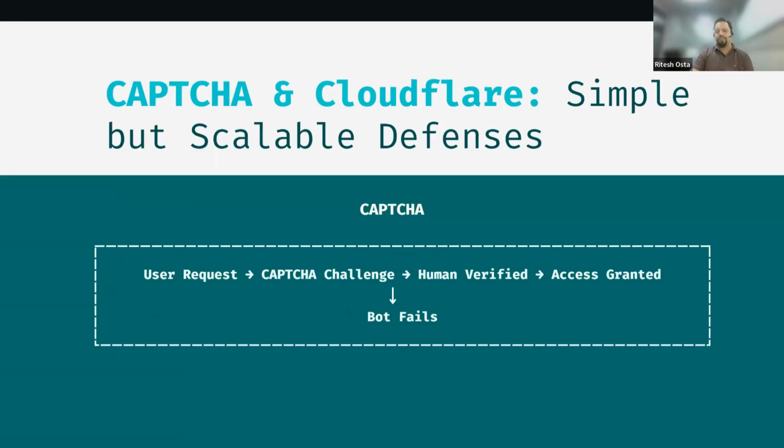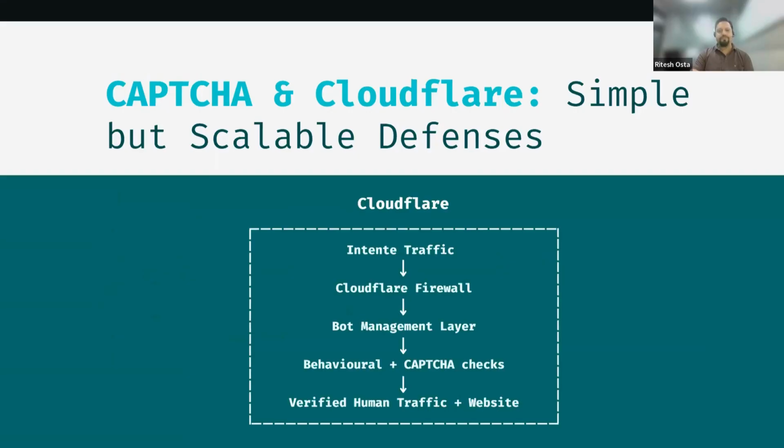Generally, most of the bots fail at this stage. Cloudflare also has the firewall and the bot management layer, and you can also implement CAPTCHA from that. It has a very comprehensive system, which can easily handle 50% of your problem right away, as a scalable defense.